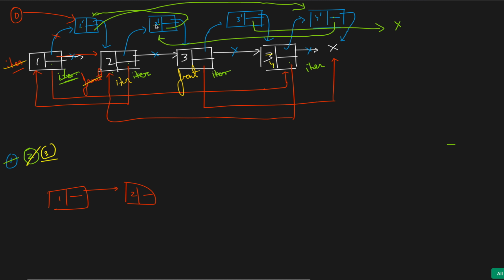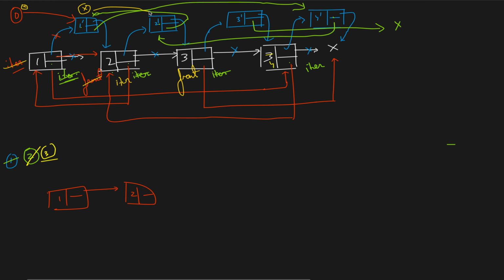Now iter's next is pointing to 2 dash. Now you were having a pointer over here, if you remember. That's at 1 dash. Because initially you took that dummy node, that pointer was standing over here. So that next points to 1 dash, so you will move the pointer over here. Now what you can do is, you can say this guy's next is going to point to iter's next, that is 2 dash.